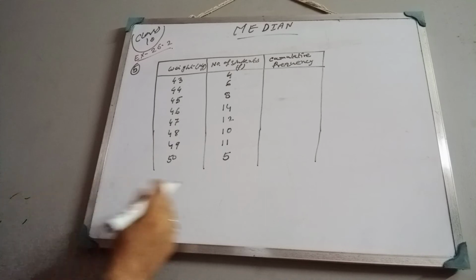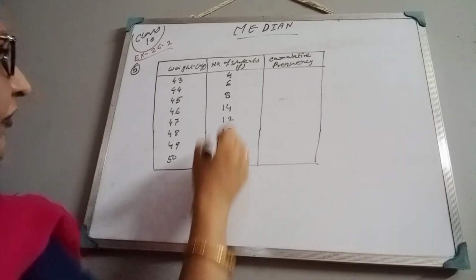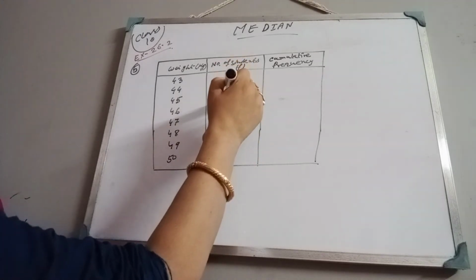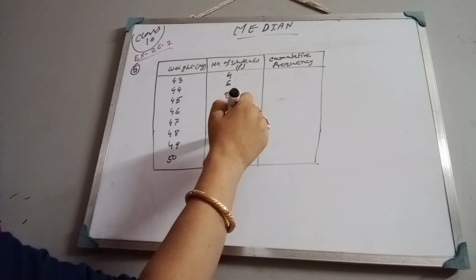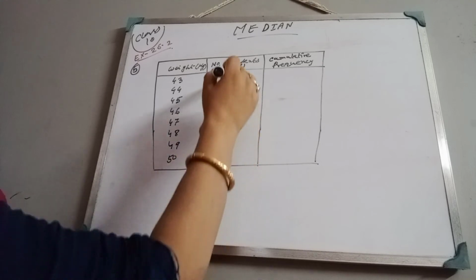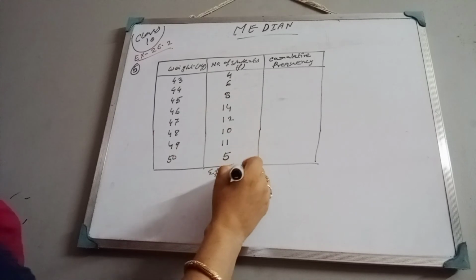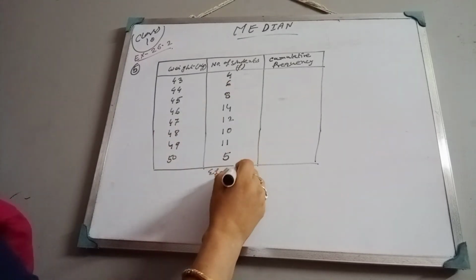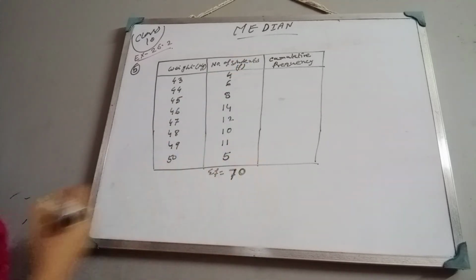Now, let us add this first, this part, sigma f. Add all these, we will get here 70.